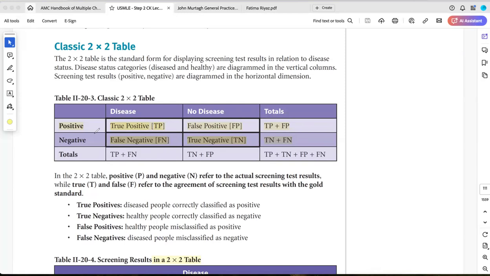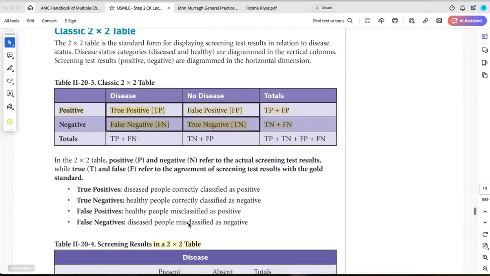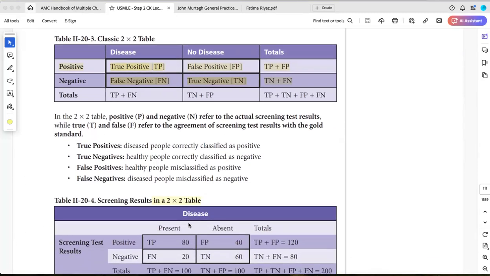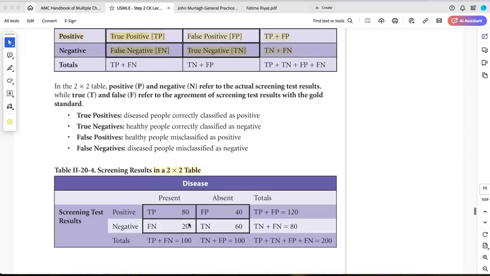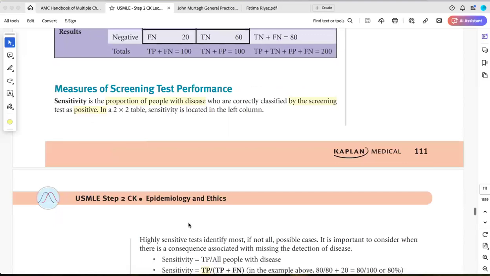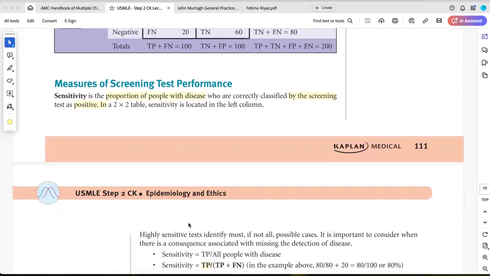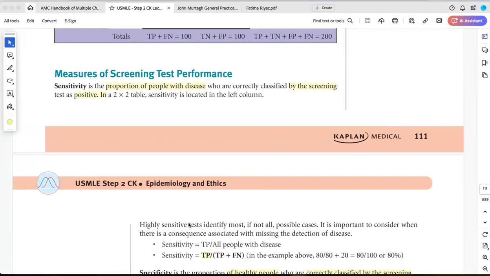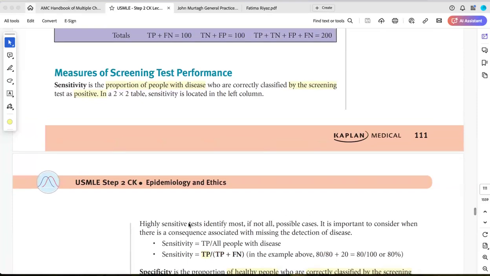Now, if you look over here, in the classic 2x2 table, this also helps us to find out a few things. So it helps us to find out sensitivity of a test and specificity of a test. So first of all, we need to know what is sensitivity of a test.